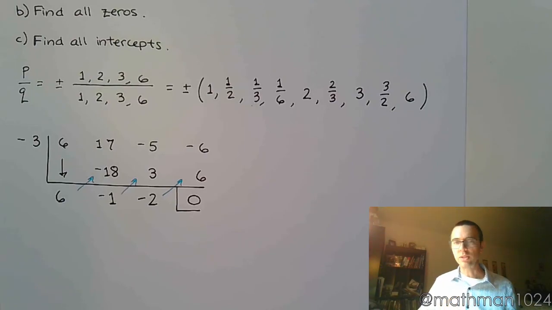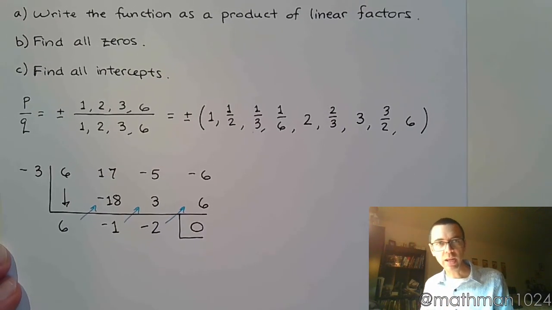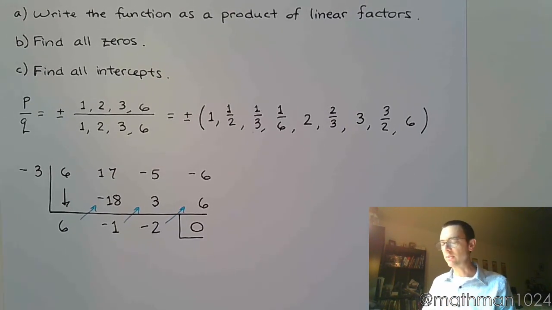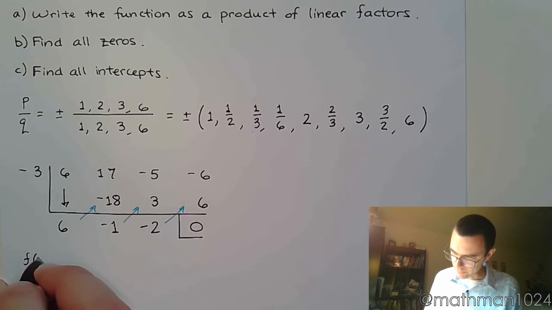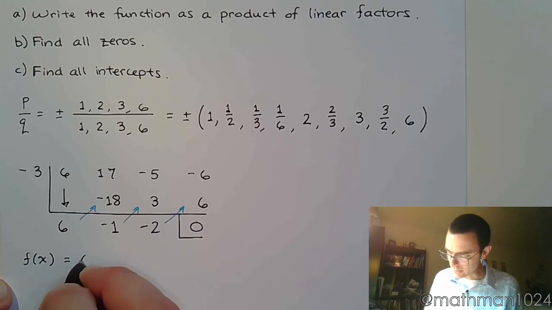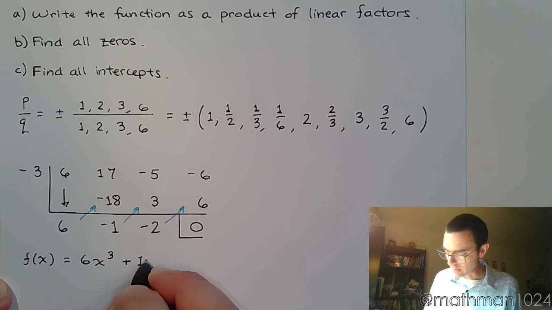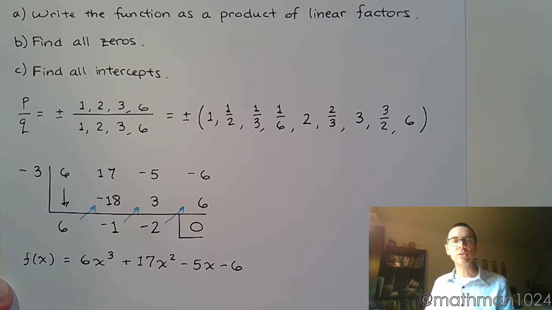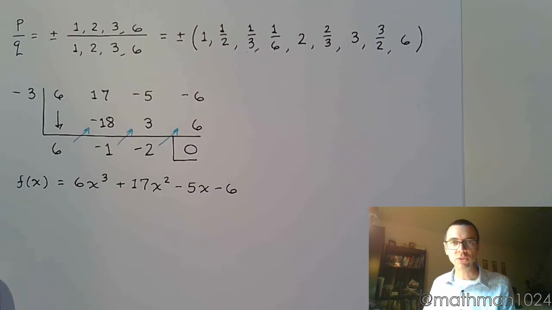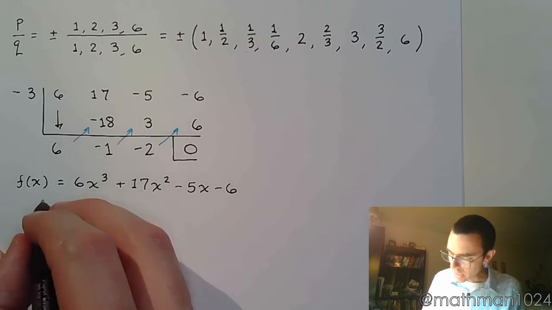So here's something I want you to see, going back to what Part A says. Part A says to write the function as a product of linear factors. Okay. So right now, here's what we have. My original function, 6x to the third plus 17x squared minus 5x minus 6, has already been factored somewhat.